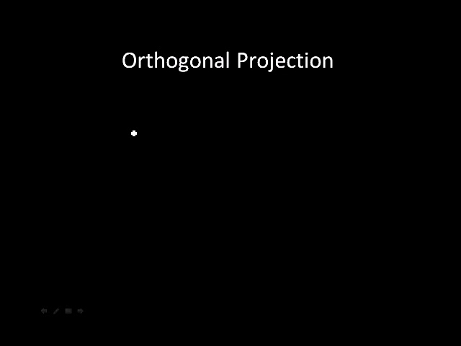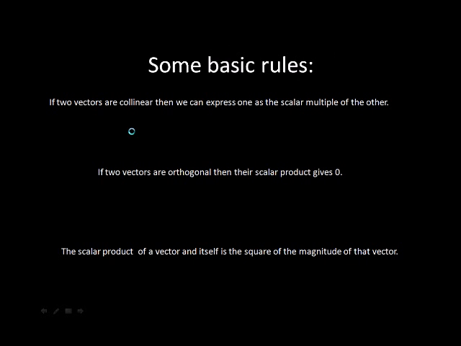So let's do orthogonal projection. Before we can start, we need to be comfortable with some basic rules. If two vectors are collinear, for example, vector u and vector v, then we can express one as the scalar multiple of the other.